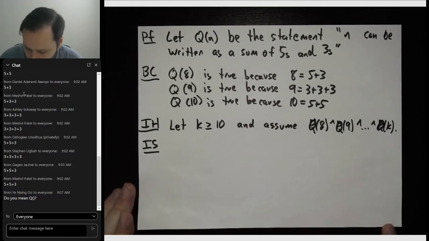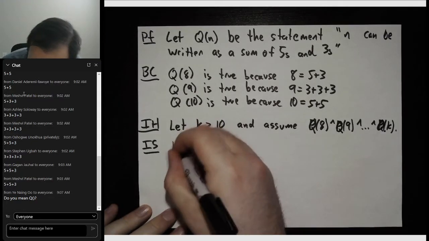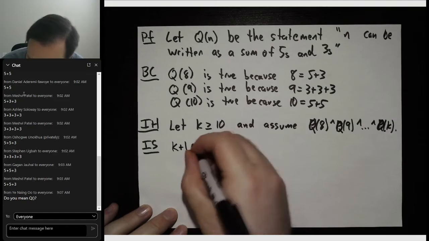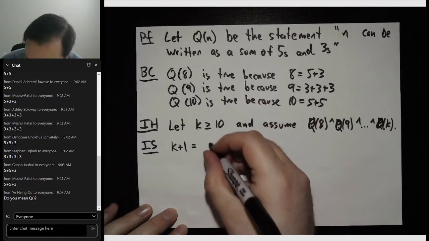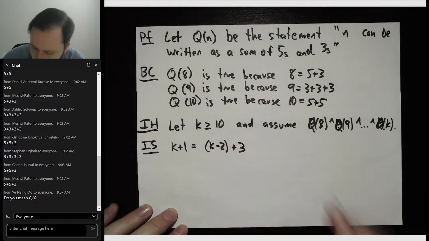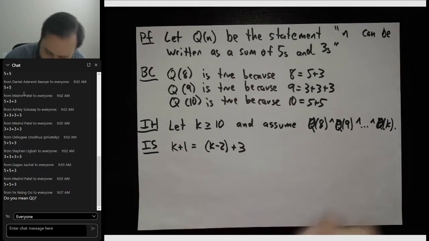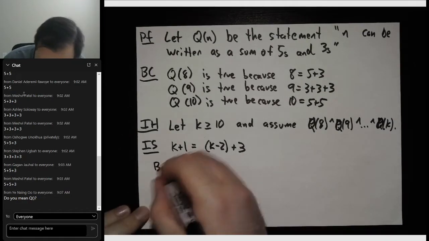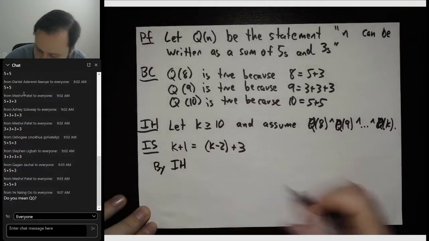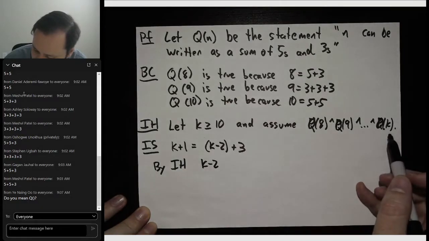Now I want to prove that Q of k plus 1 is true. But here's the thing, k plus 1 is equal to k minus 2 plus 3. And by our induction hypothesis, k minus 2, that's one of the things we assumed.